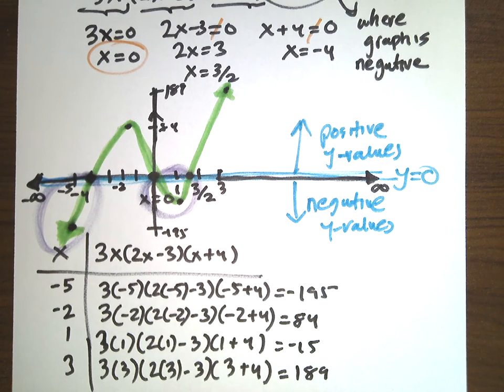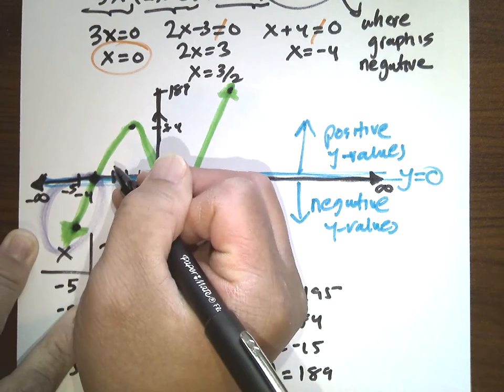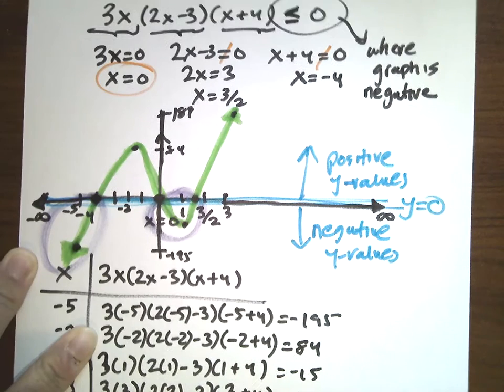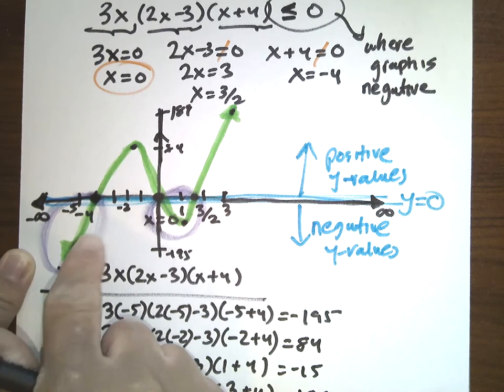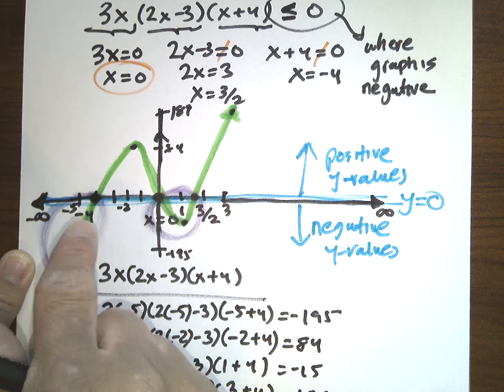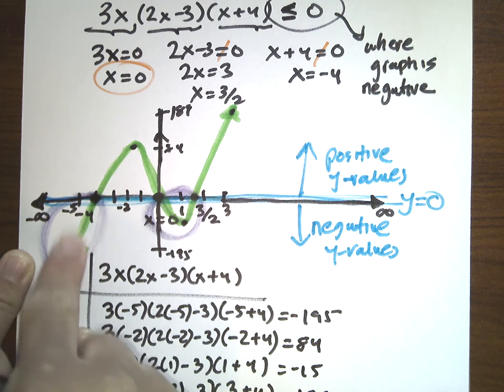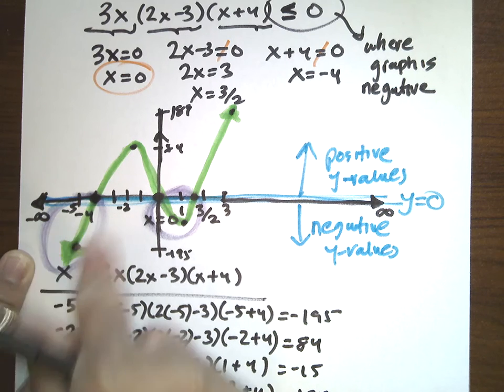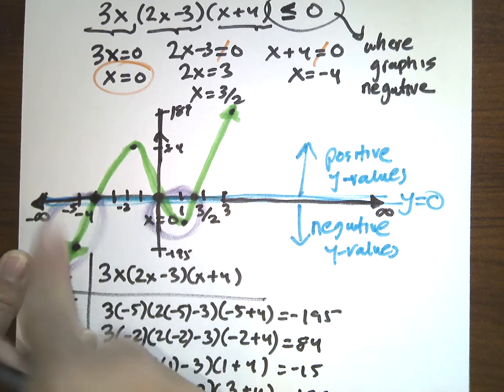Now we're going to write the interval notation for our solution here. All right. So remember that this was less than or equal to 0. So I know that between negative infinity and -4, the graph was negative. So that's where it was less than or equal to 0.